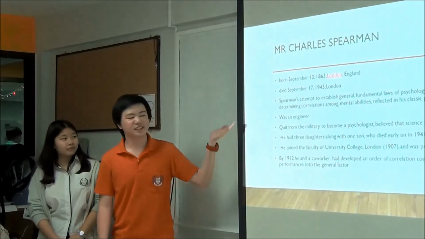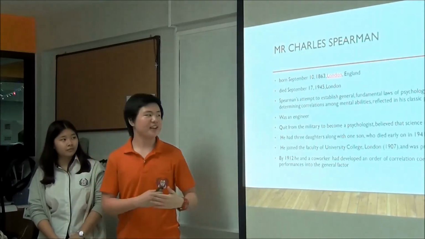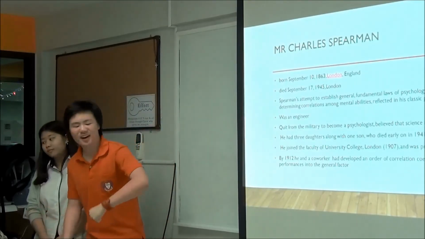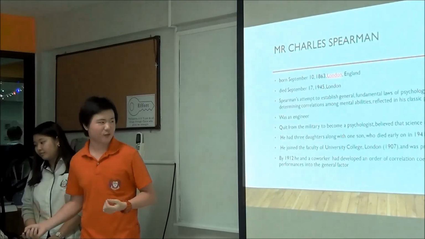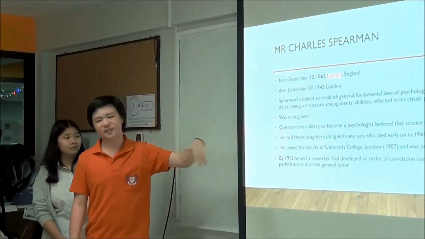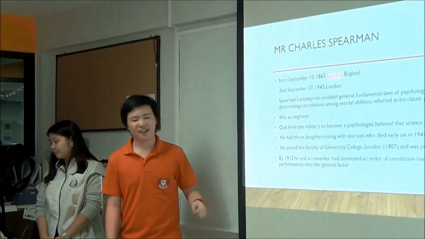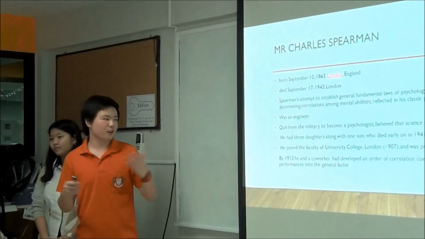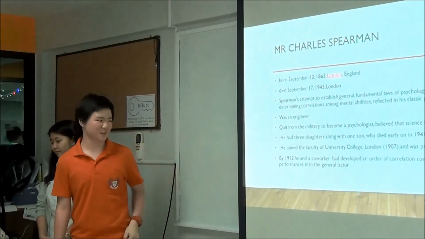Charles Spearman was an engineer. But before that, he was in the military. But he quit the military to become an engineer because he thought that science is more powerful. Then, after quitting engineering, he became a psychologist. That's where all the work began, because he believed that science is more powerful.